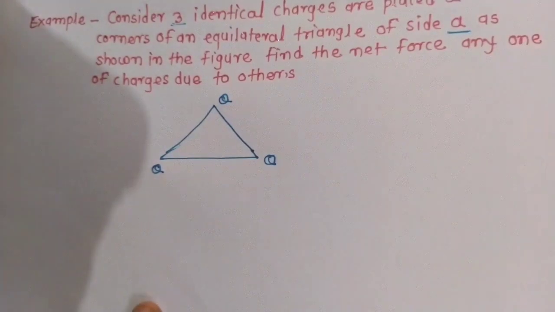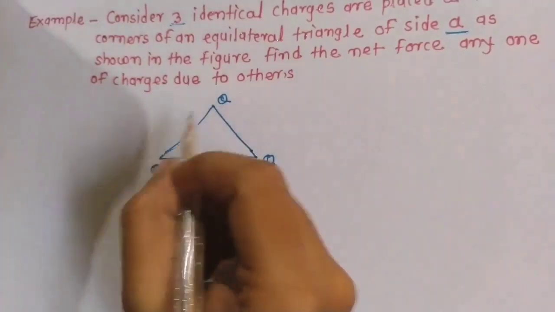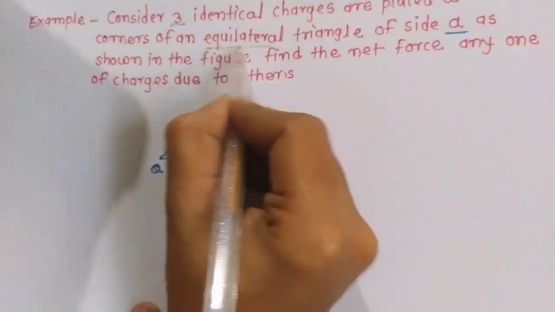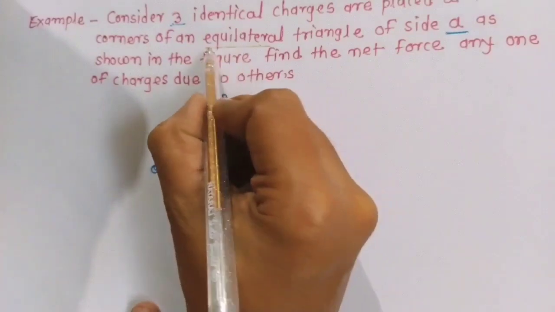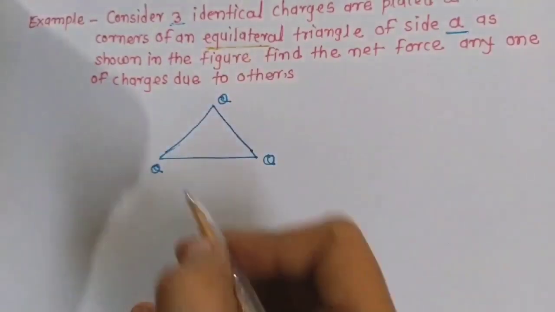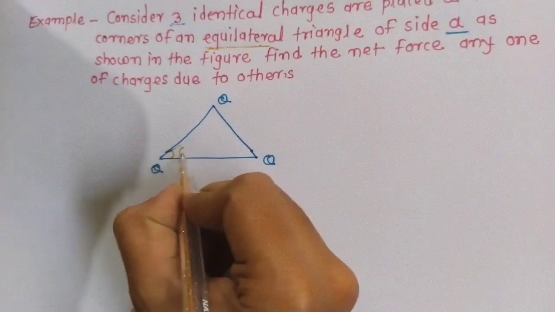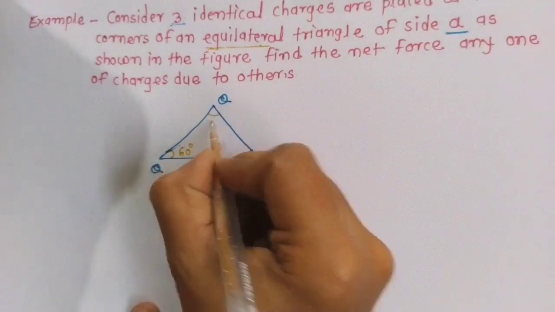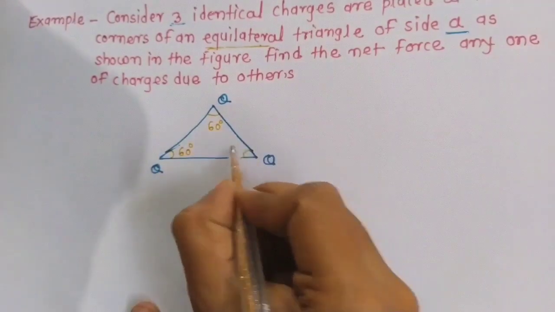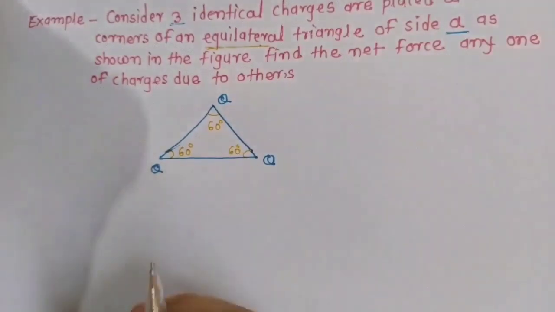The triangle is equilateral, therefore each angle is 60 degrees.